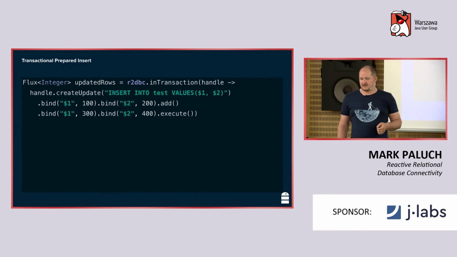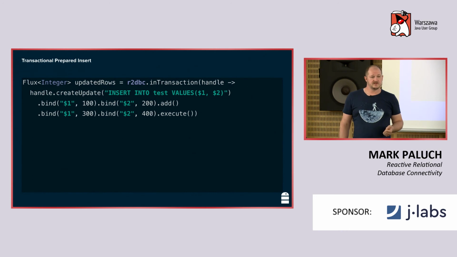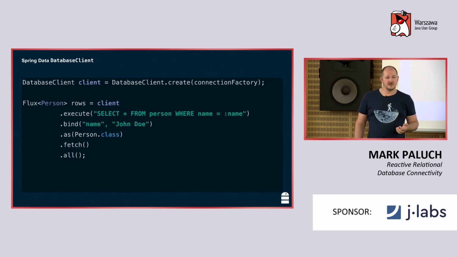Now, R2DBC client was driven by R2DBC itself, and we from a Spring Data side were also quite excited about looking at R2DBC and experimented a bit with how a client could look for functional reactive database access. And we eventually came up with the idea to mirror what we have for the web part.